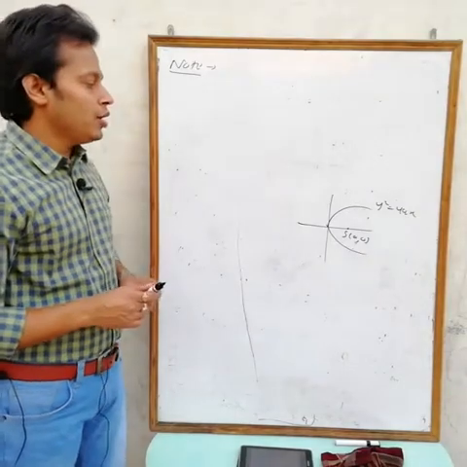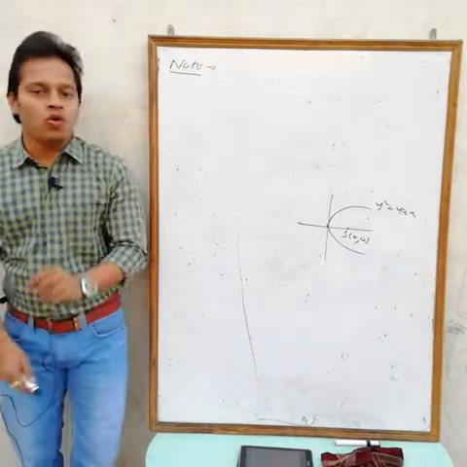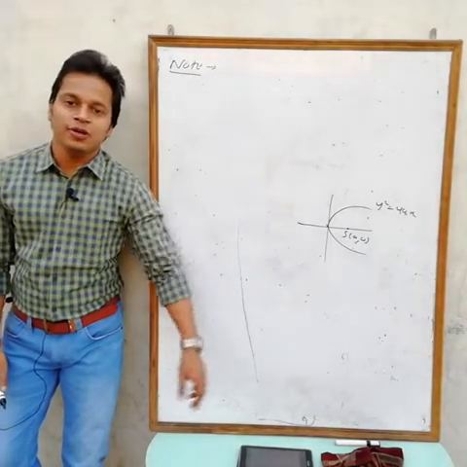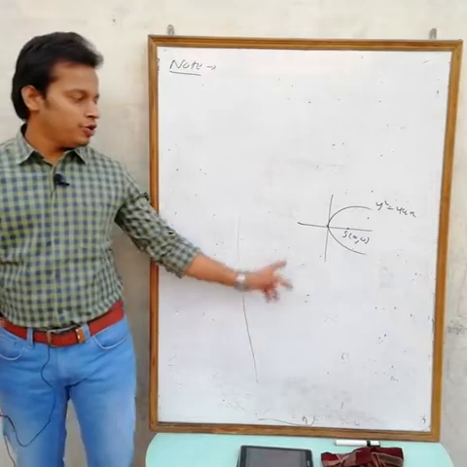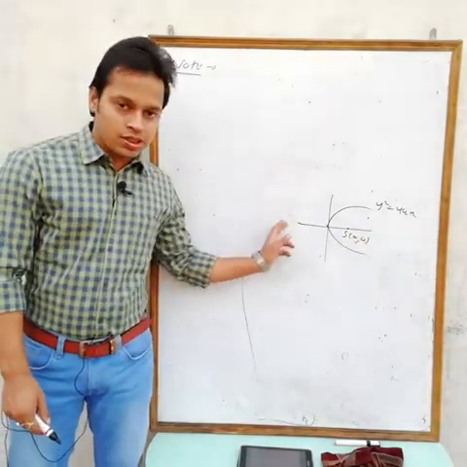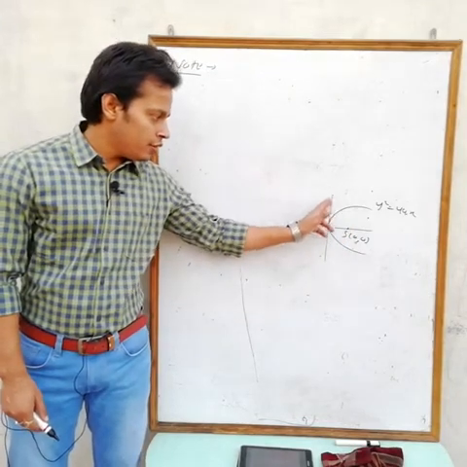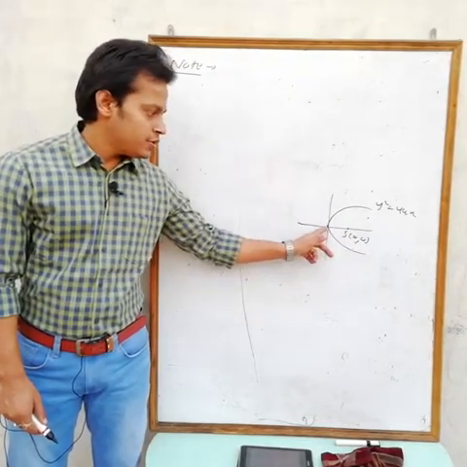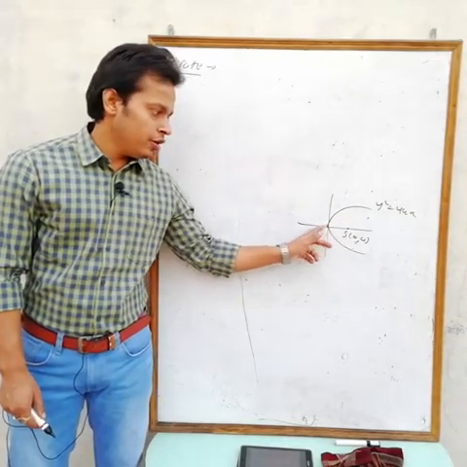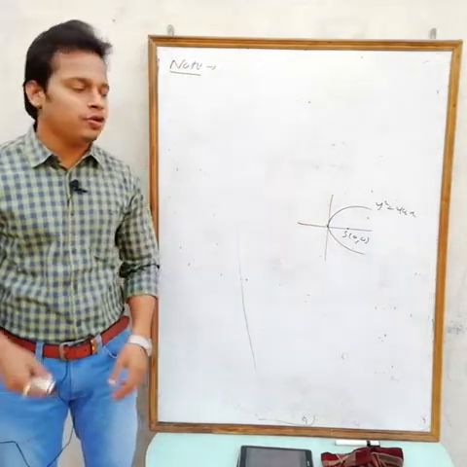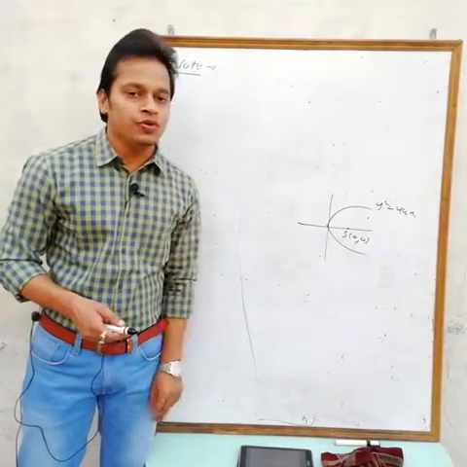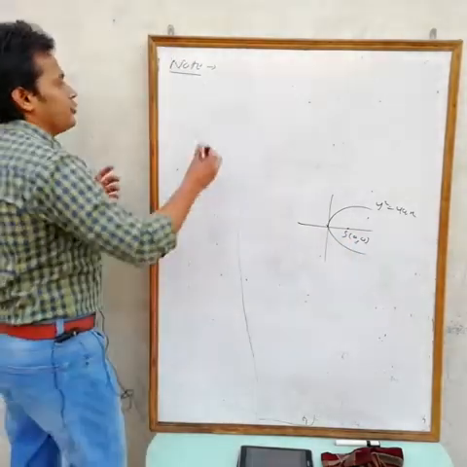For the parabola y square equals 4ax, there is only one possible normal which passes through the focus, and that possible normal is the axis itself. The axis is also a normal, because the tangent at the vertex is perpendicular to the axis, which is a line passing through this point. So obviously it is a normal. No normal other than this axis can pass through a comma 0.